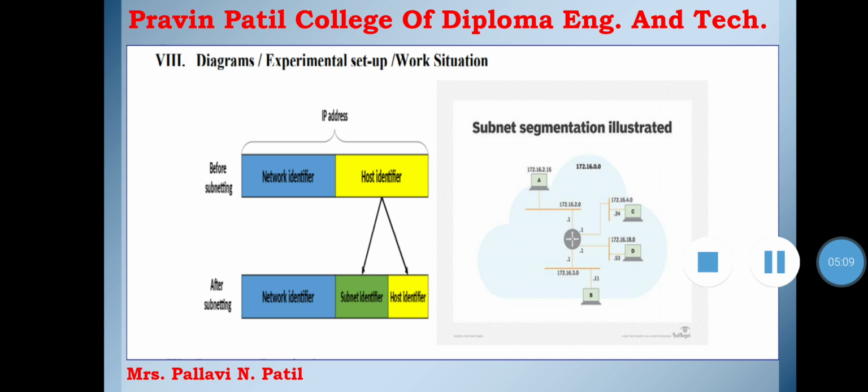Okay, so it is called a subnet mask because it is used to identify the network. It identifies the network address of the IP address by performing a bitwise AND operation on the mask. Subnet mask is the most recognizable part of subnetting.